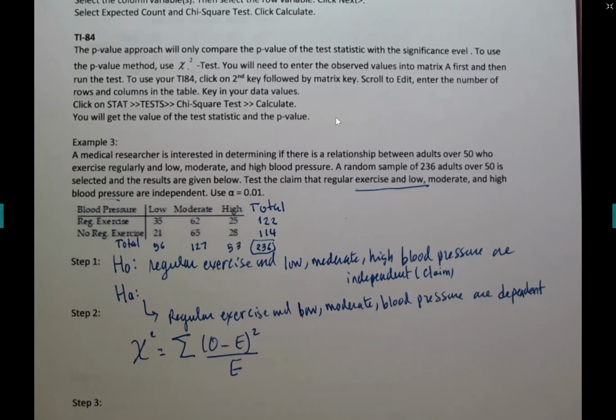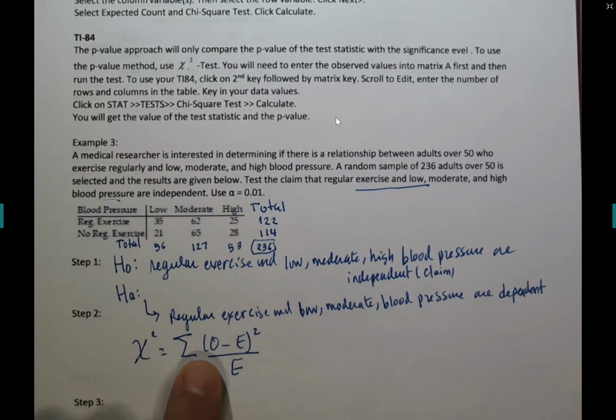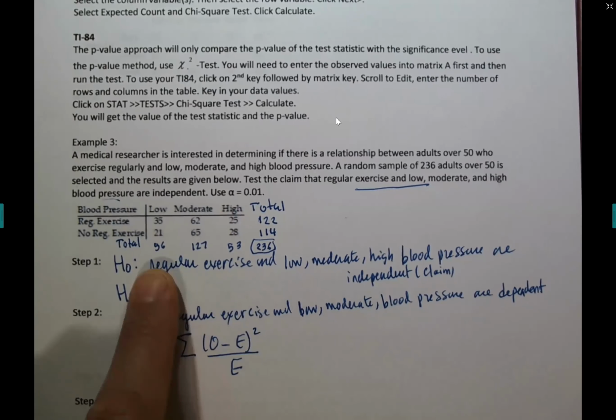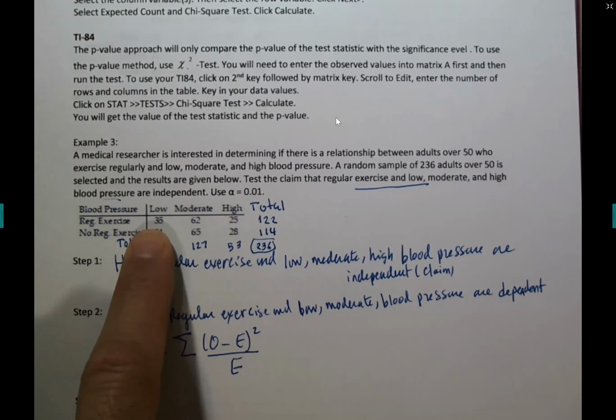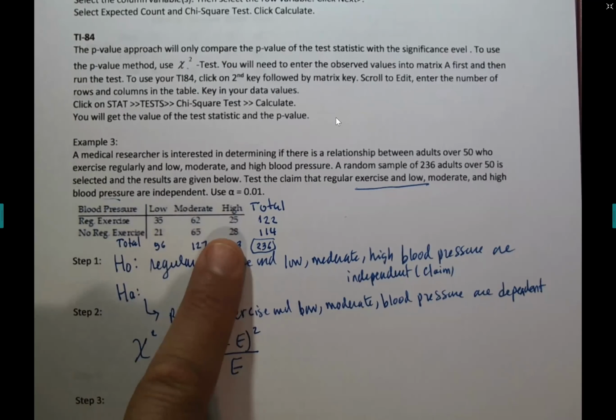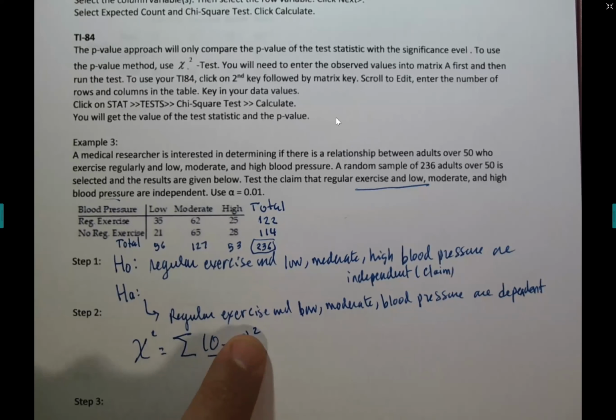All right. Now, in order to use this formula, guys, you need the observed values, which these are. You have 35, you have 62, you have 25, 21, 65, 28. Each observed value has an expected value. I'm going to show you how to use the calculator to find the expected values, but I'm just going to give you a hint on how you can do them by hand as well.